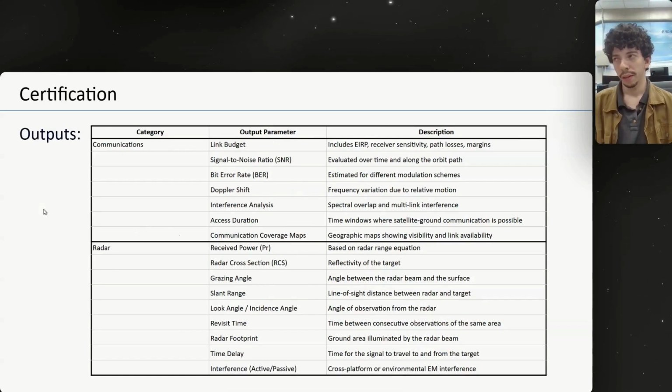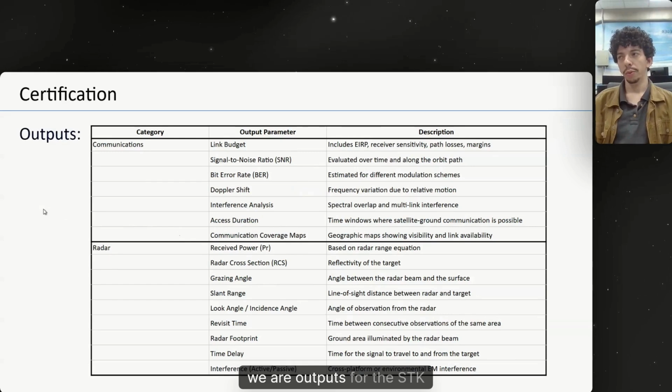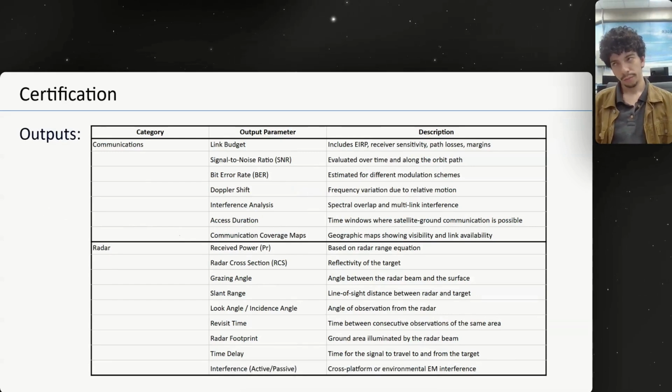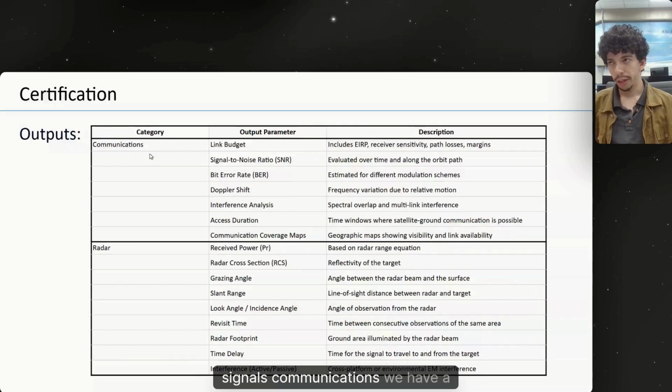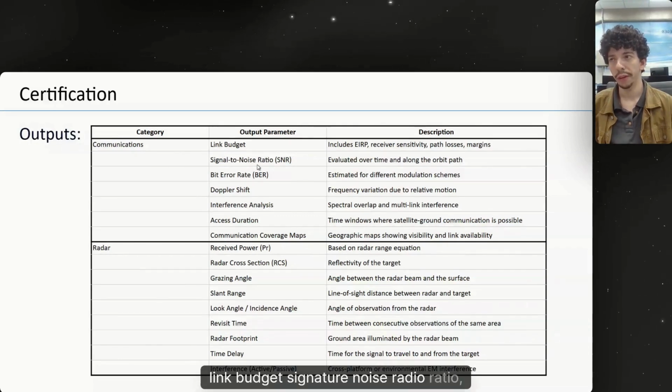And basically, the outputs from STK for the category of signals and communications: we have link budget, signal to noise ratio, bit error rate, interference analysis, access durations, communications coverage maps, and the signal radar.